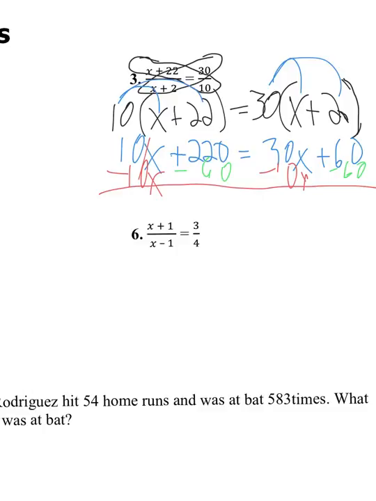So let's see here. 220 minus 60 is 160, and 30x minus 10x is 20x. I just divided that. 160 divided by 20 is going to get me 8. x equals 8.